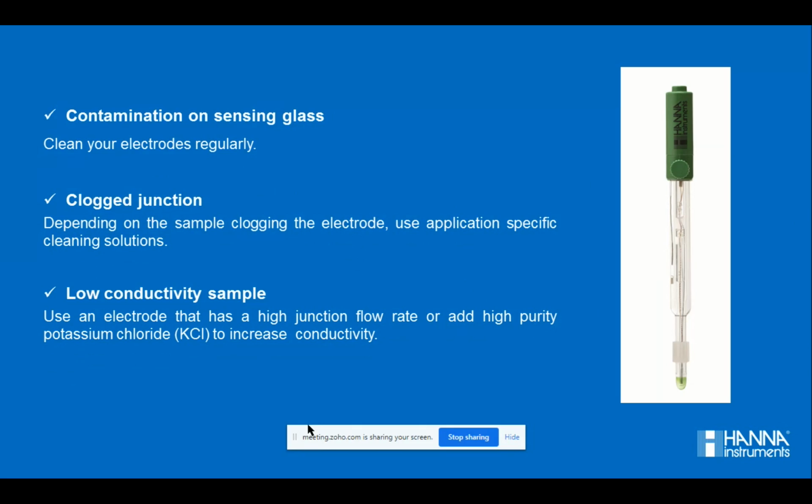Another most common problem people might face is drift in the reading, maybe due to low conductive samples. Yes, low conductive samples like DM water or RO water will never give a stable reading in a matter of time.